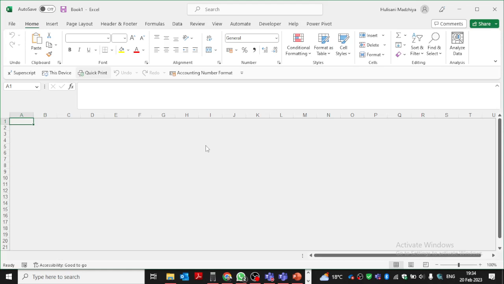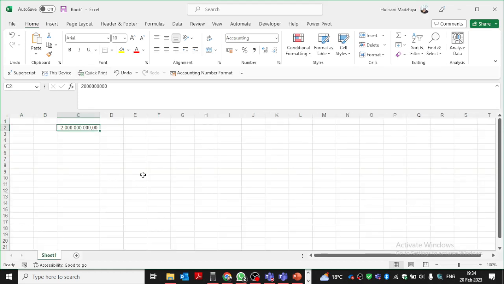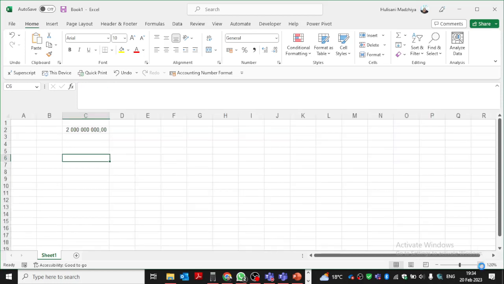I'm just going to write a value here, and then I'll try to separate it to see what value we have. So here we have this value, and I'm going to zoom in so that we can all see it.